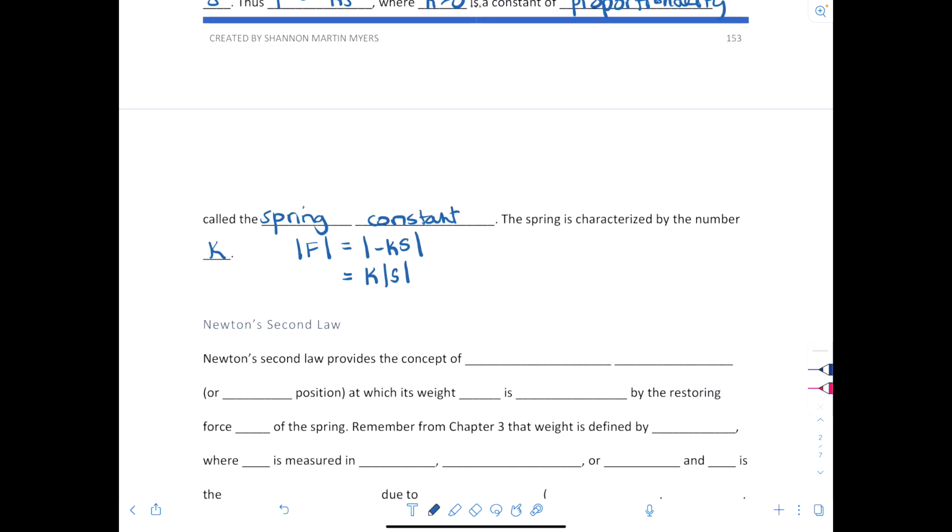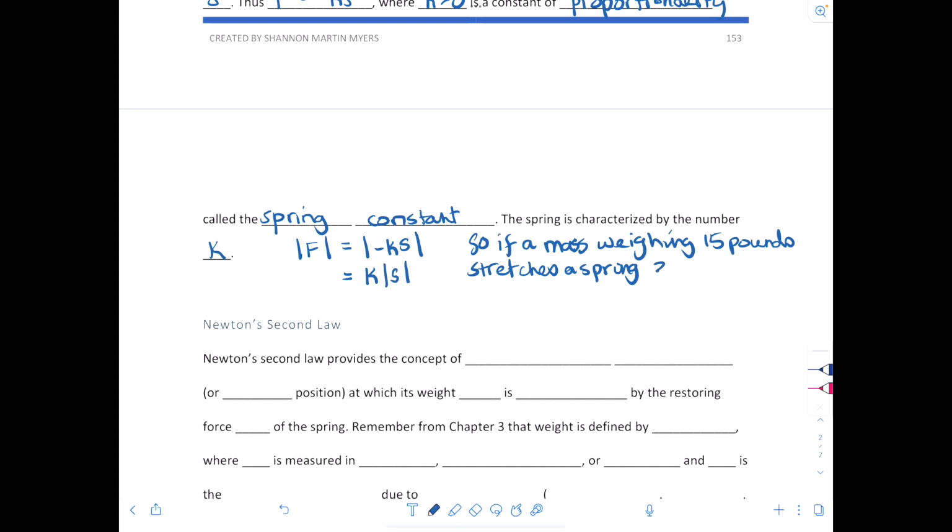So what does this mean? If a mass weighing, we'll just make it up, 15 pounds stretches a spring, say, 3 feet, then we would have the absolute value of 15 equal to k times the absolute value of 3.